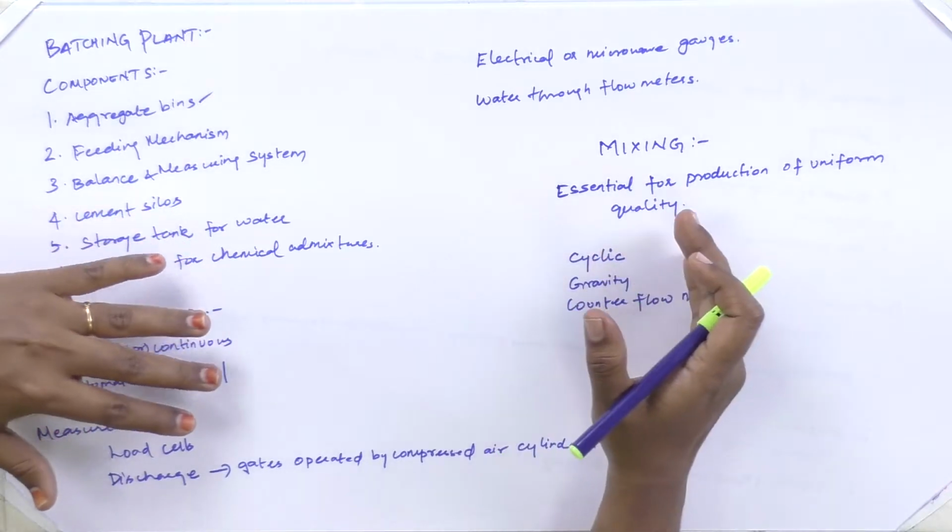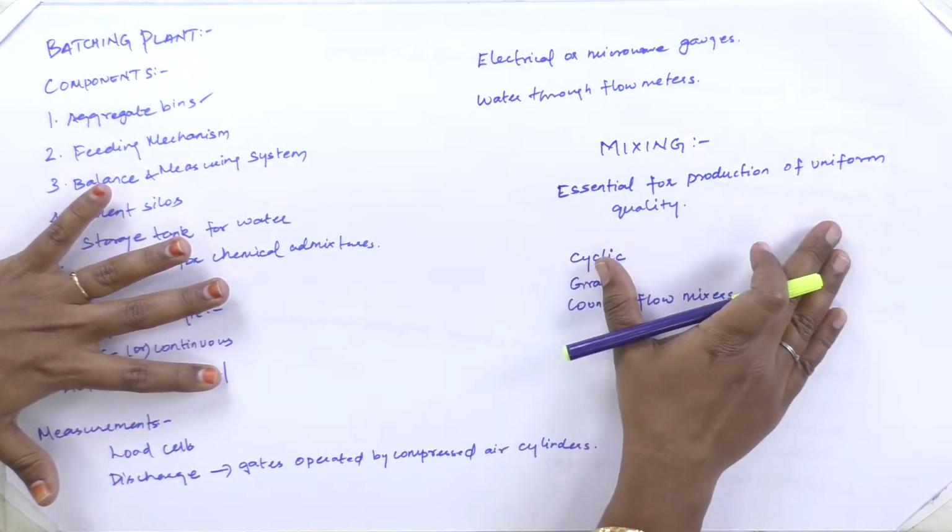And a concrete, when mixed in dry stage, it is too difficult when compared to that of the wet state. So the mixing plays a major role to get a uniform quality of concrete throughout the entire batching process.